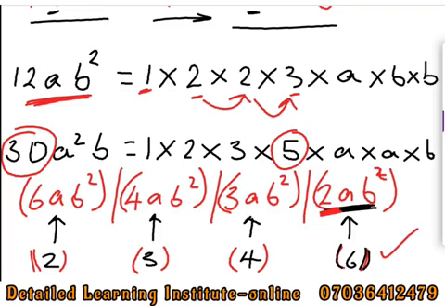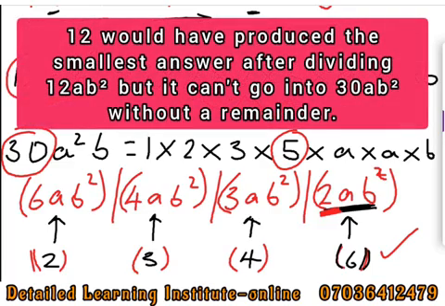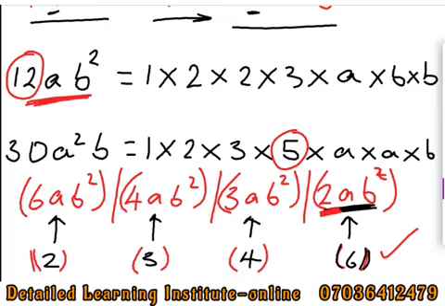But that is not all. You can see that 6 can only go into the number aspect. What about the aspect of the variables? We are now going to find also the factor that will go into the variables to also give us the smallest result. Good. Now for us to do that, we'll go back again, and this time around we are talking about AB squared.